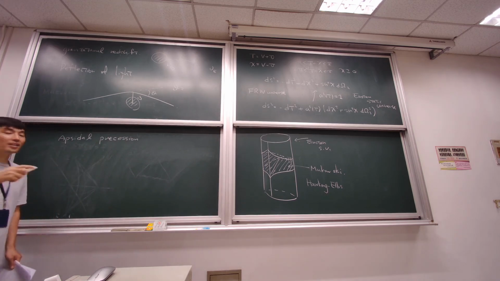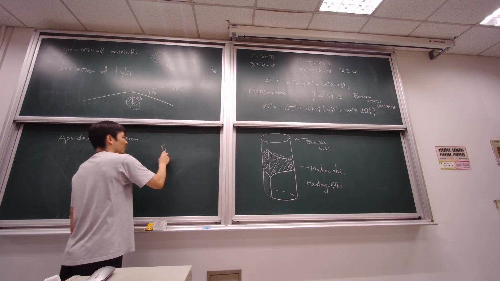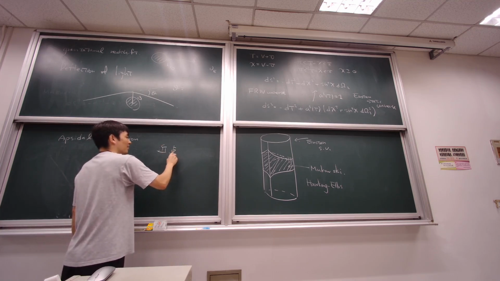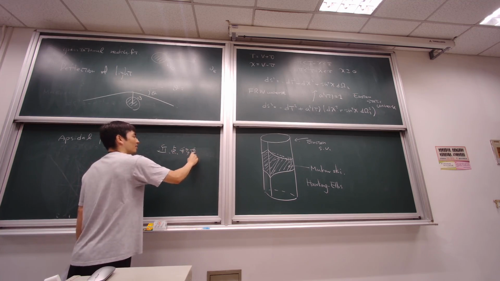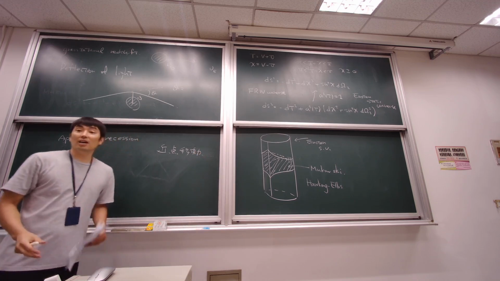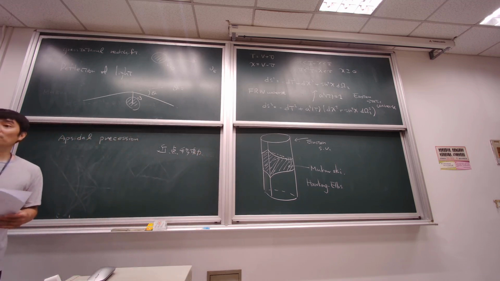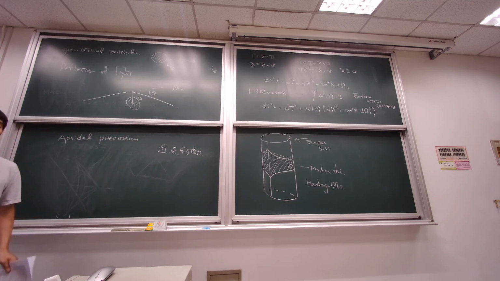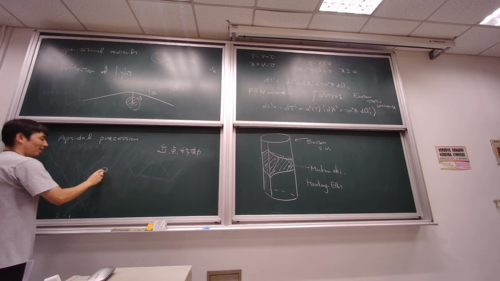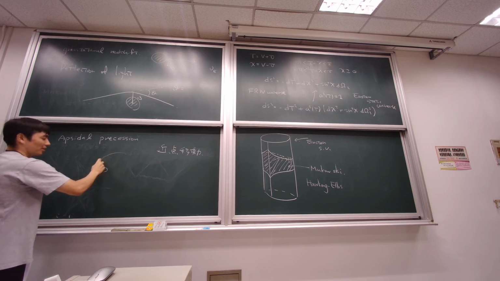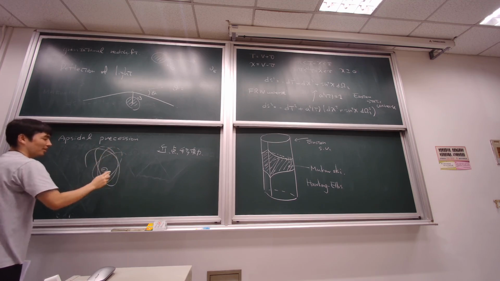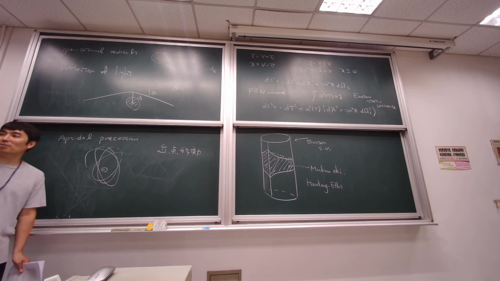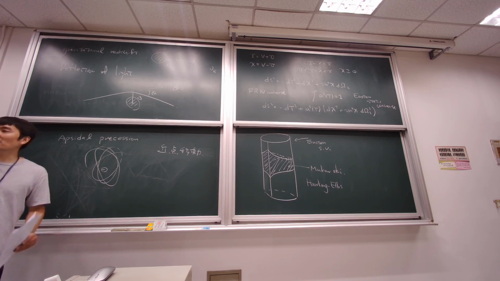Mercury precession, right? If there is a star and something rotating this way, it gradually shifts this way, like this. Have you ever learned this one? Oh, okay. Half of them are learning.